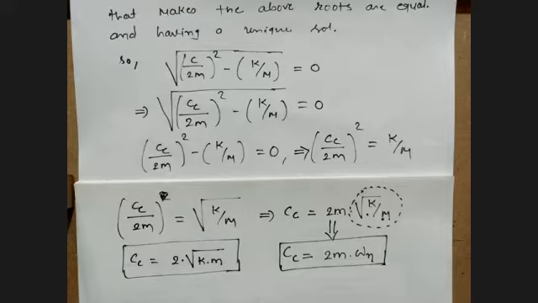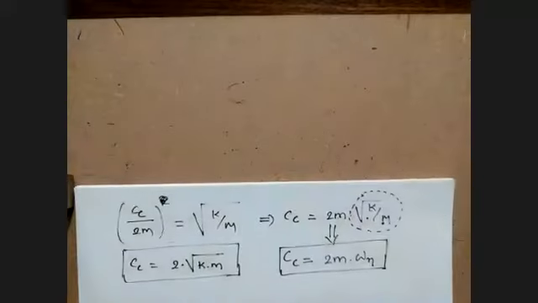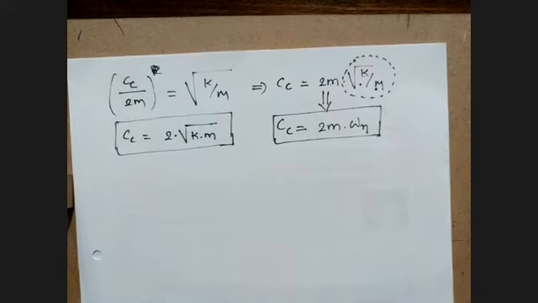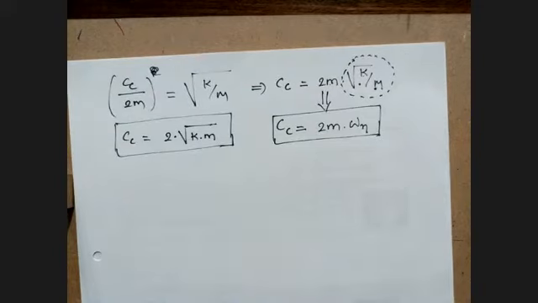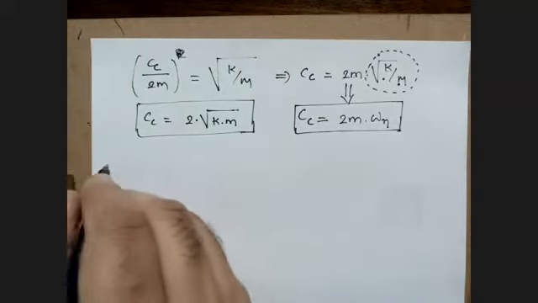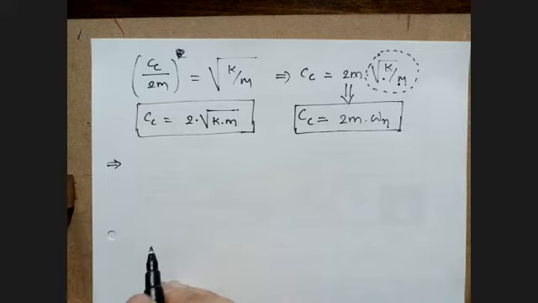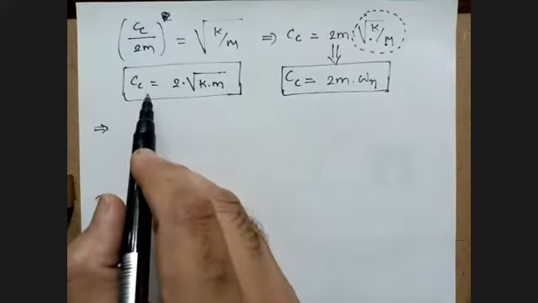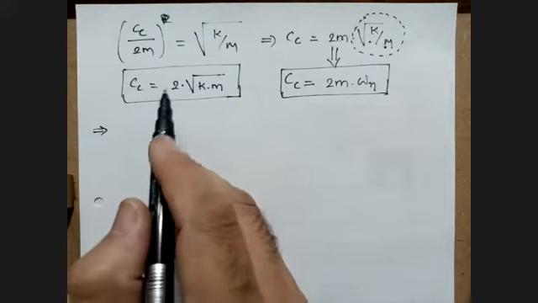So now let's move further. What we have now is the critical damping, right? So here we come up with two coefficients, the critical damping coefficient and the damping coefficient itself. If you take the ratio of this damping coefficient to this critical damping coefficient, it's called the damping ratio zeta.